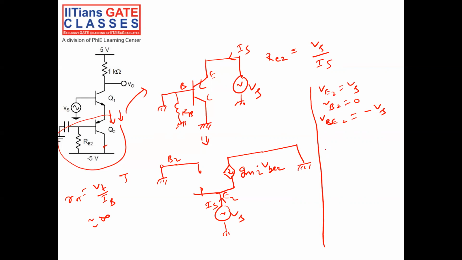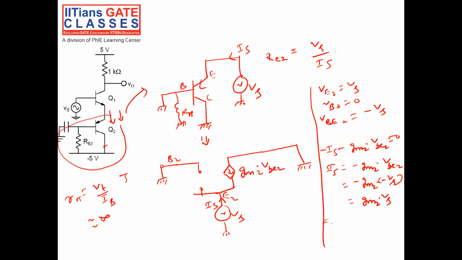Current coming in is minus Is, and another current coming in is minus GM2 into VBE2, equal to 0. This implies Is is equal to minus GM2 into VBE2. We know VBE2 is minus Vs, so minus GM2 into minus Vs is equal to GM2 into Vs, the current coming out of the source.